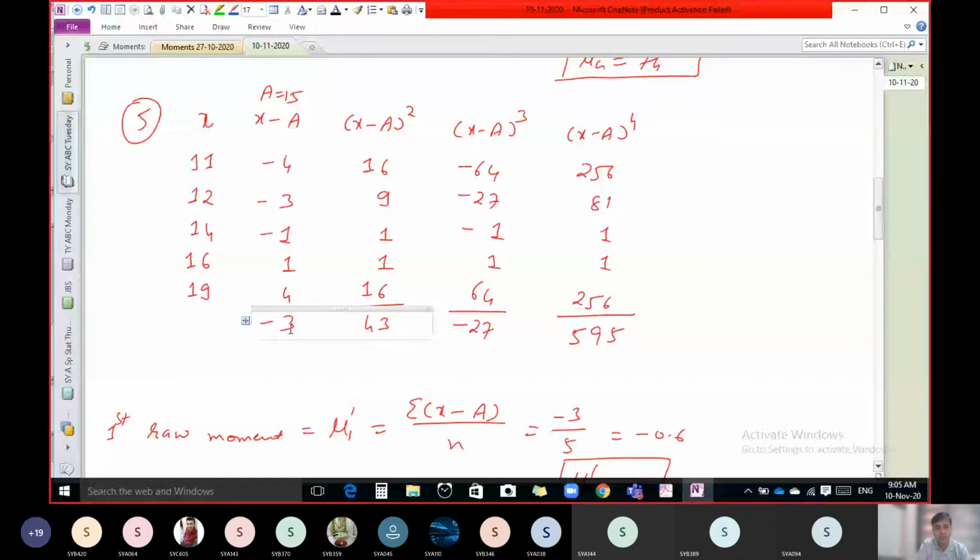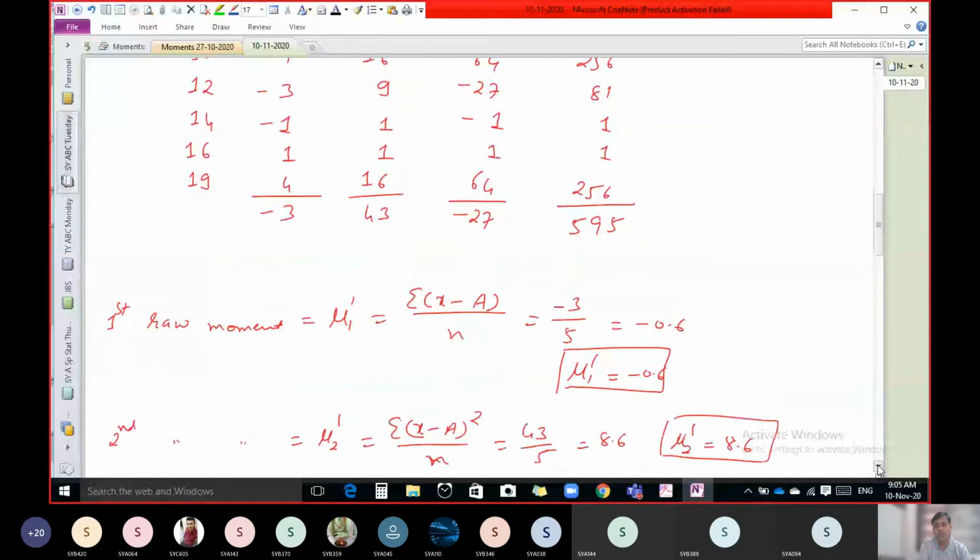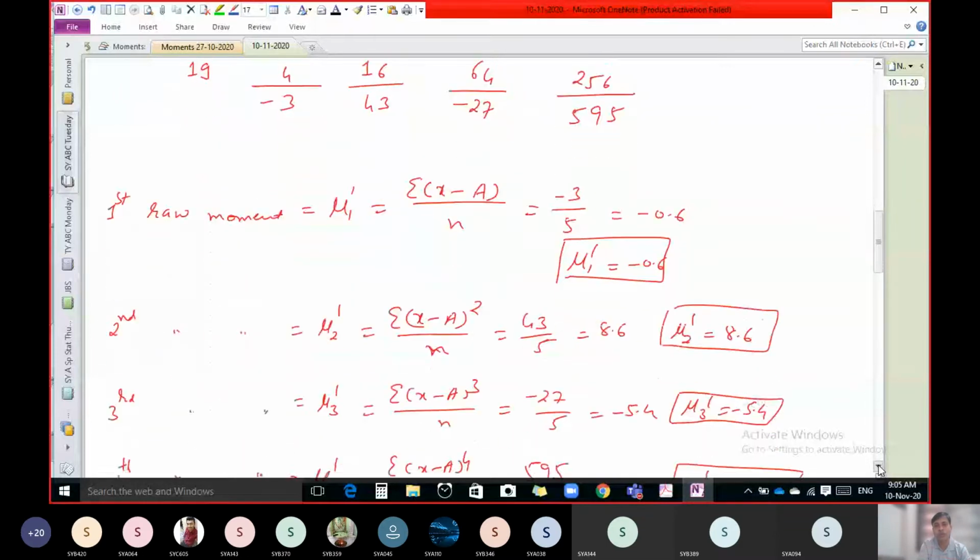Now the total of this, minus 3 divided by 5, you will get mu1 dash. Mu1 dash is the symbol for raw moments. So mu2 dash, the second moment: the total of this is 43 divided by 5, we get 8.6.